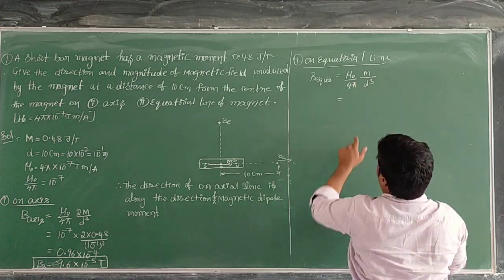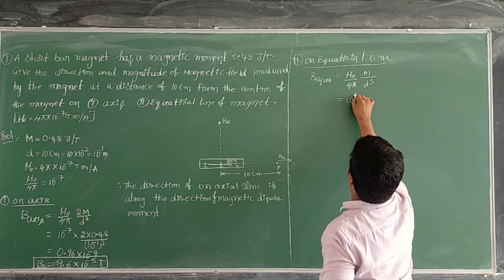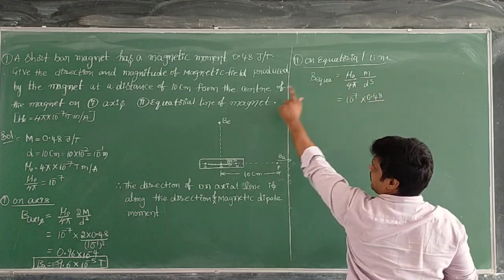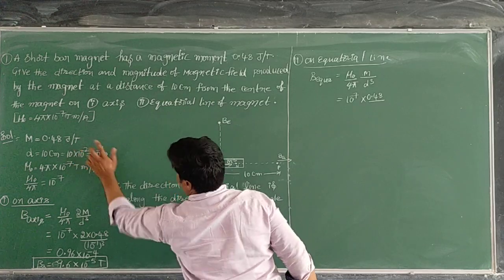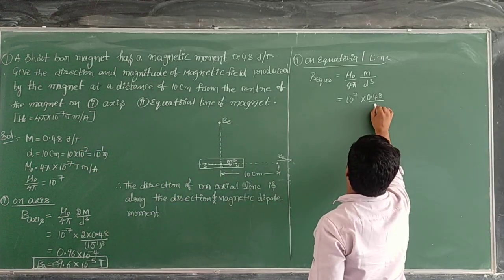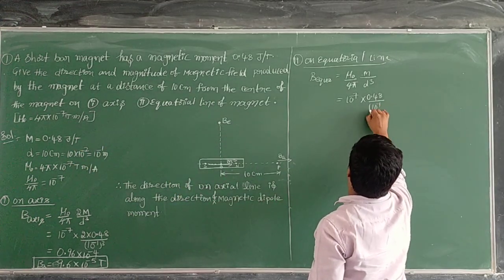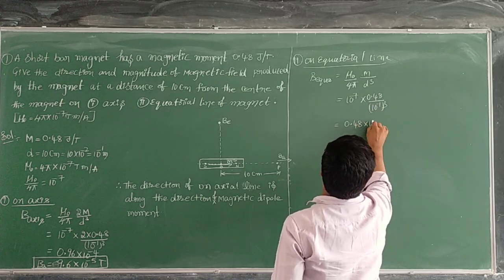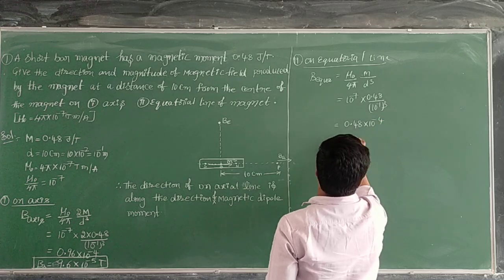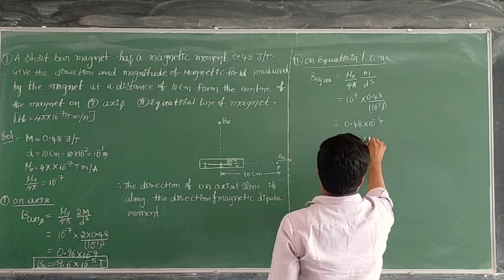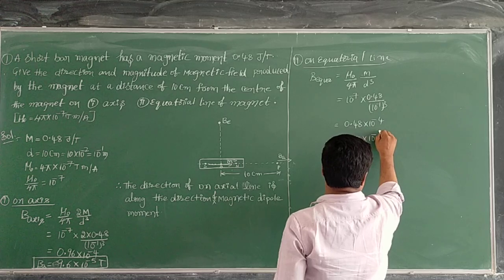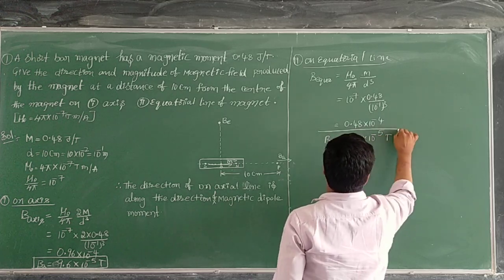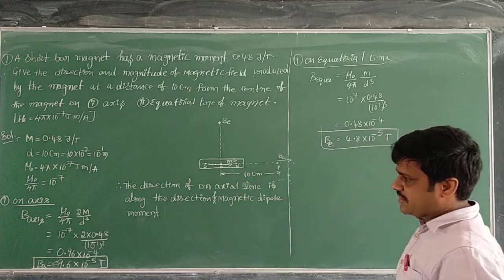So mu naught by 4 pi is 10 power minus 7 into 0.48 divided by 10 power minus 1 whole cube. This gives 0.48 into 10 power minus 4, that is 4.8 into 10 power minus 5 Tesla, the magnetic field on the equatorial line.